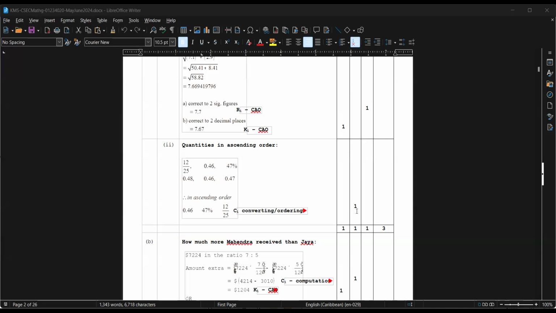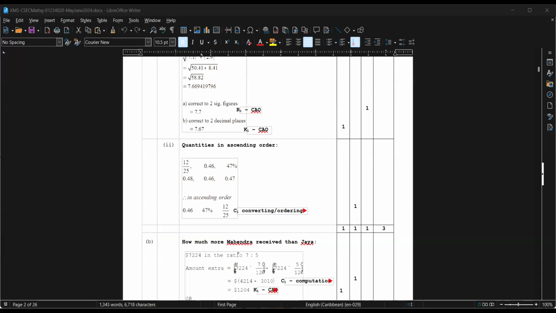They don't care. This is the answer, right? So they just take it, put it in ascending order, and give you 1 mark. There's no need for you to show all the working. You can just drop your answer and move on. That's what you're basically saying. Yes, that's it. If they give you 1 mark, you should know they only want the answer.